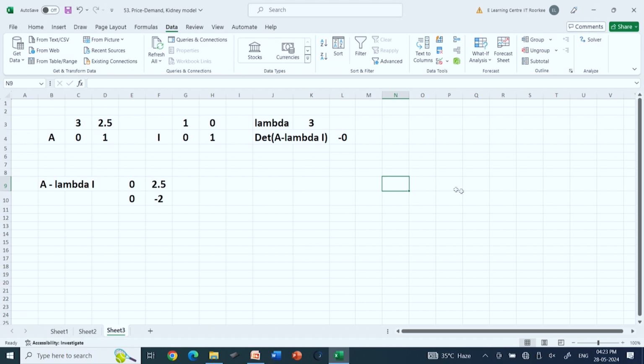Now, let us look into the formula. Quickly I write it here.